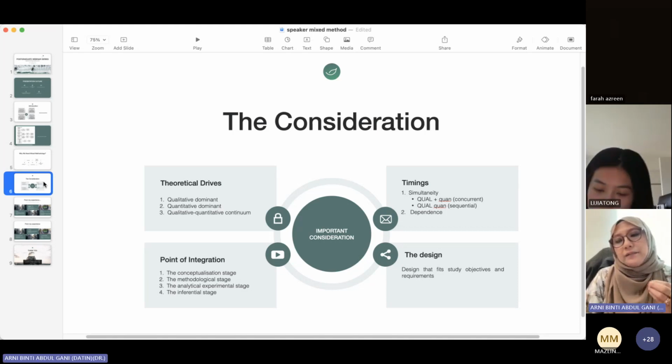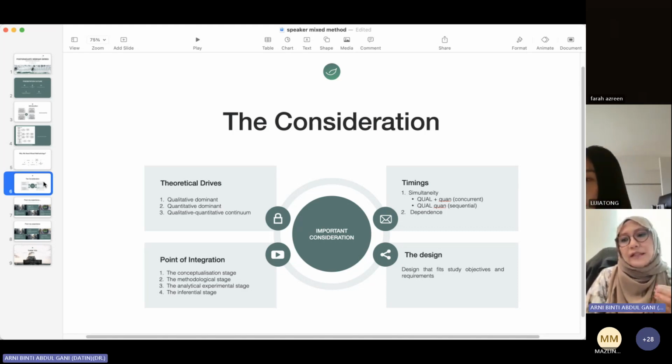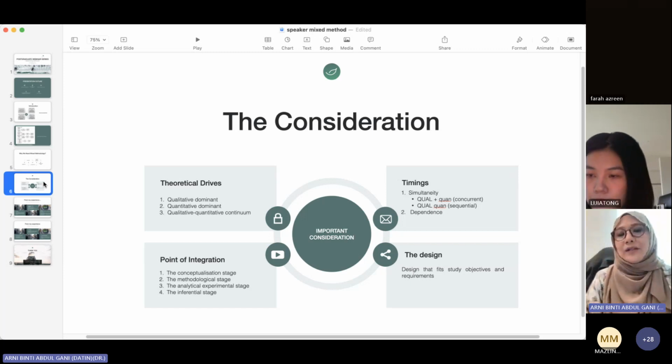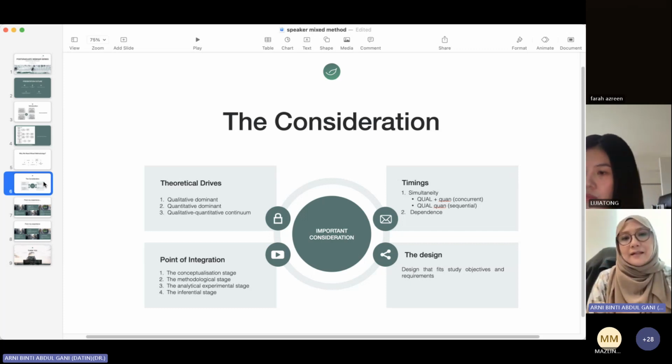In sequential, one component takes place before the other, meaning qual first and then quant. You do your qualitative, you come up with results, and then you do your quant. That is sequential. Qual plus quant is concurrent, where both components, qualitative and quantitative, are implemented almost simultaneously, almost at the same time.